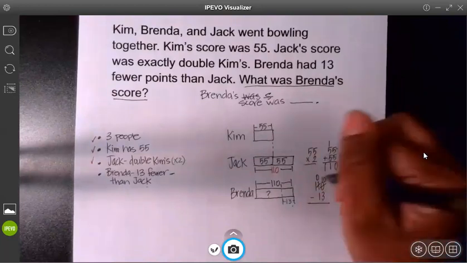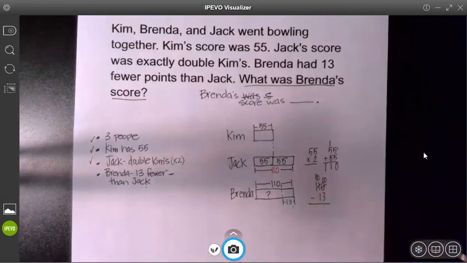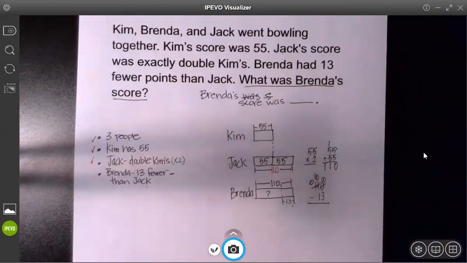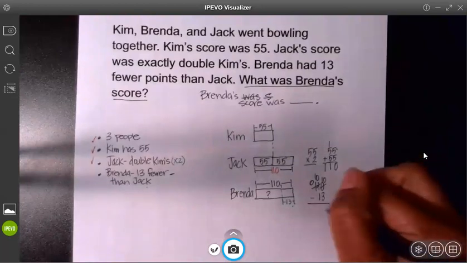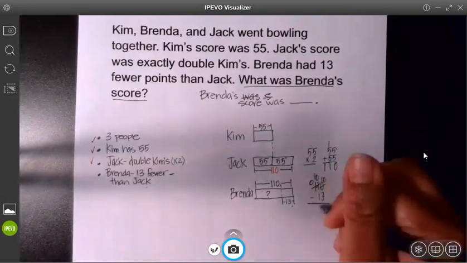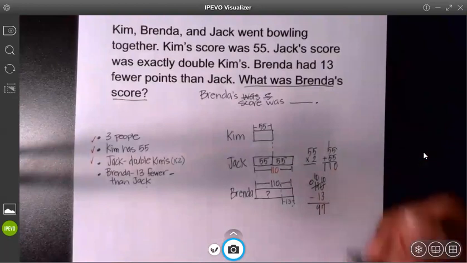So that means we'll add 10 to the tens place and then take this 1 away from the hundreds place. Now we can subtract our numbers. So we have 10 minus 3, which equals 7, and we have 10 minus 1, which equals 9.